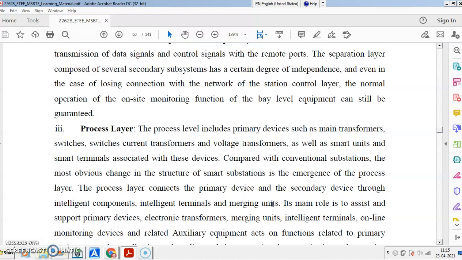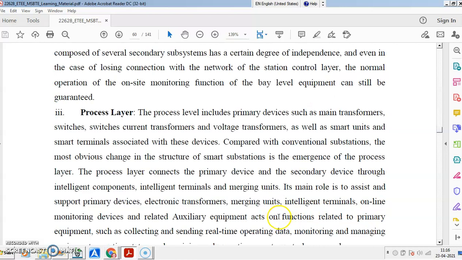The process layer connects primary devices and secondary devices through intelligent components, intelligent terminals and merging units. It plays a main role in assisting the supporting primary devices.